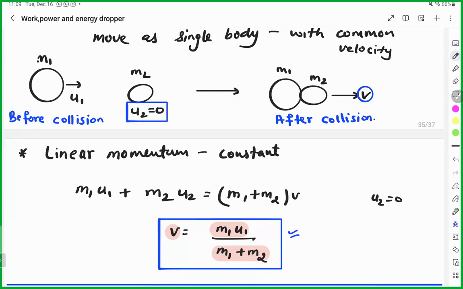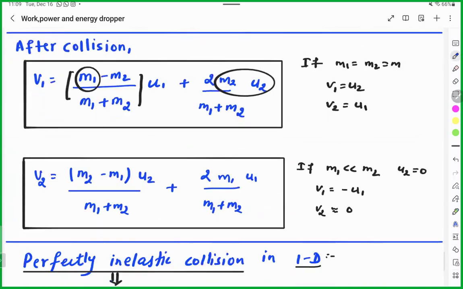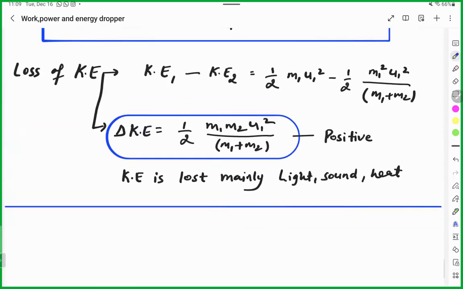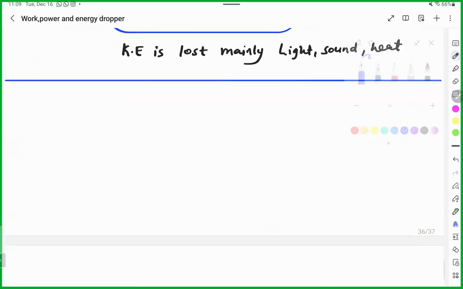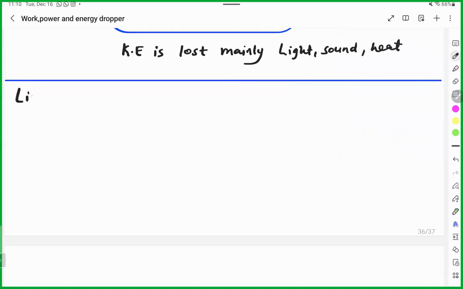Trust me. People will assume you have to remember a lot of formulas like this. No, I am deriving it. I'm not saying you have to remember. What we need to do is only linear momentum conservation, and kinetic energy conservation only in case of elastic.